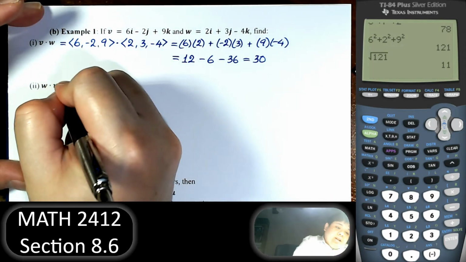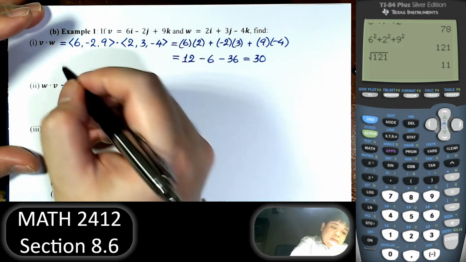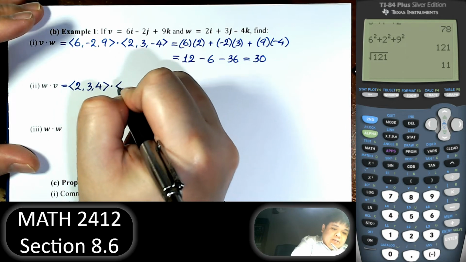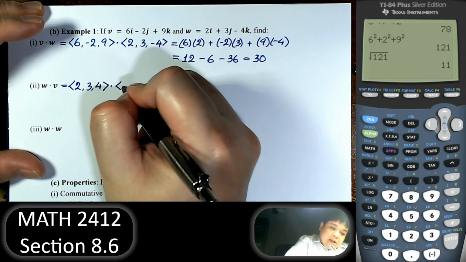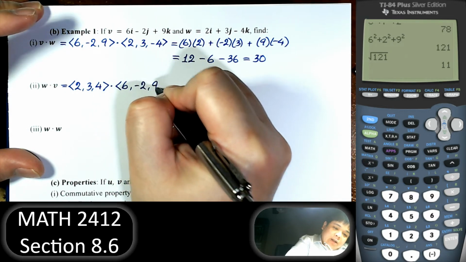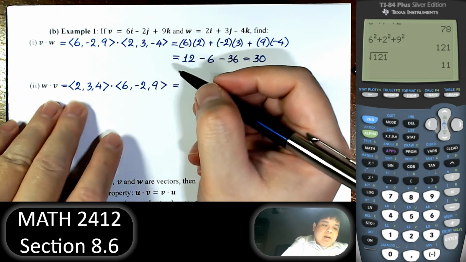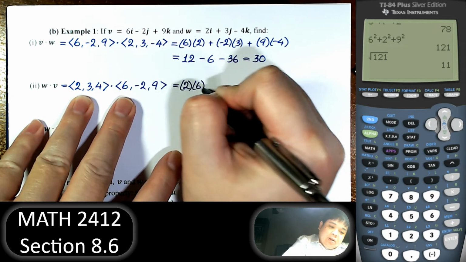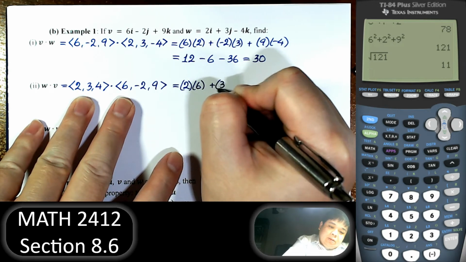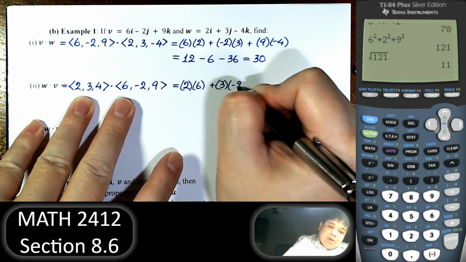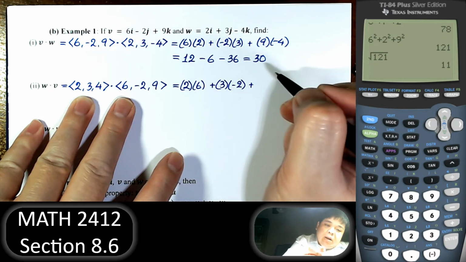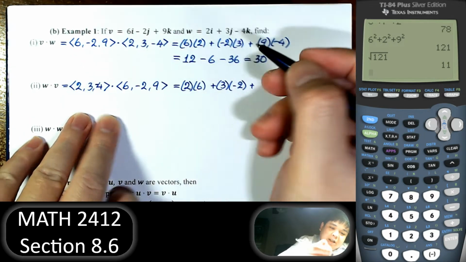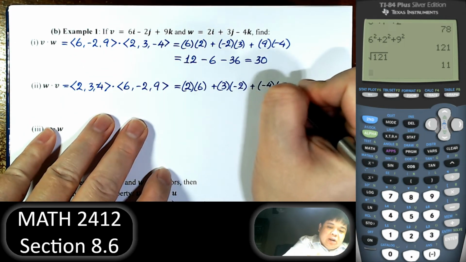Right, simple enough. Now W dot V. W is 2, 3, and negative 4, dotted with V: 6, negative 2, and 9. So 2 times 6, 3 times negative 2, and then negative 4 times 9.